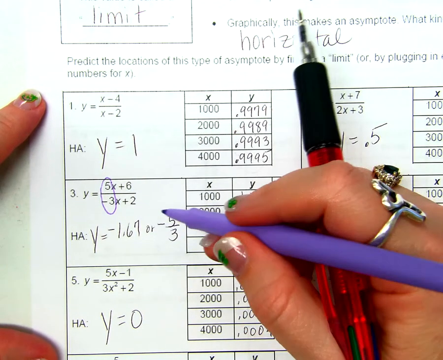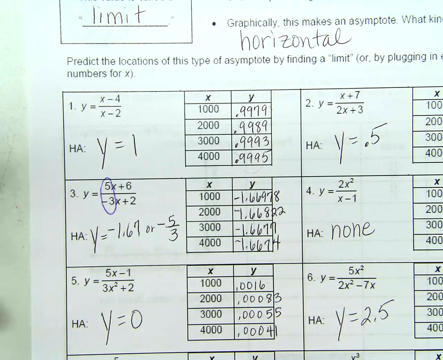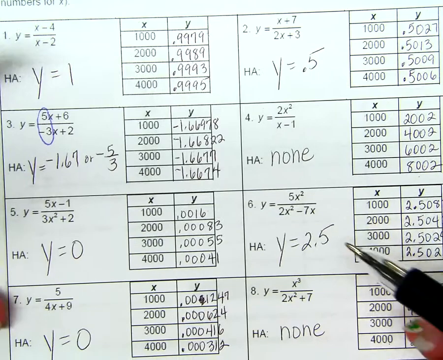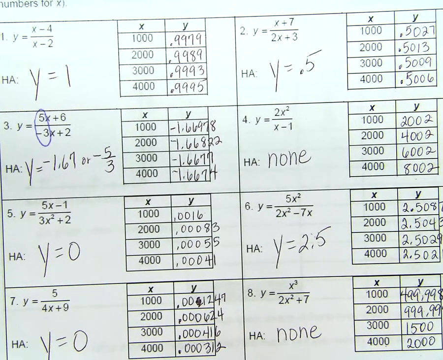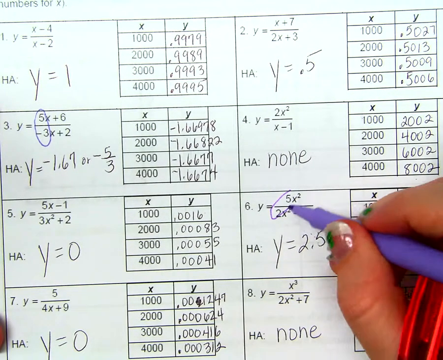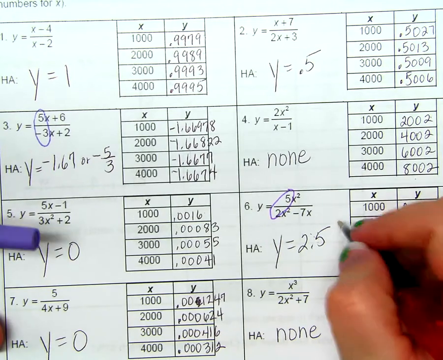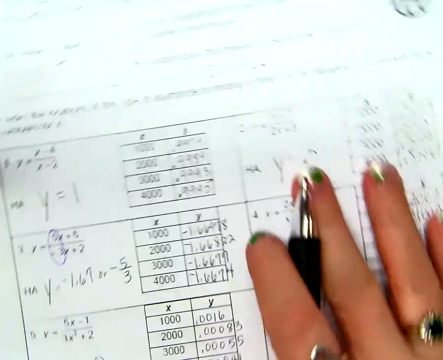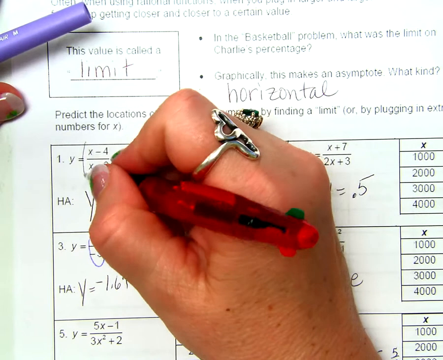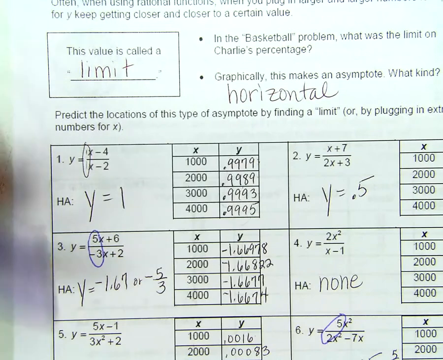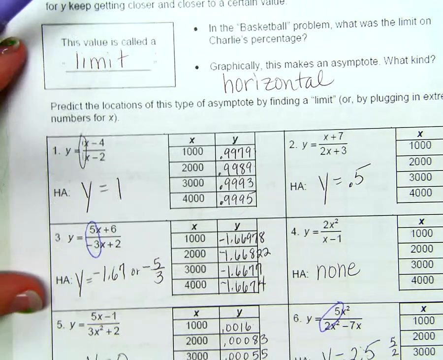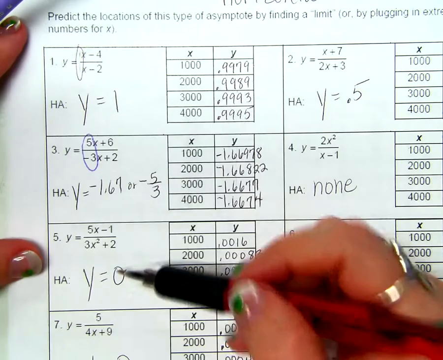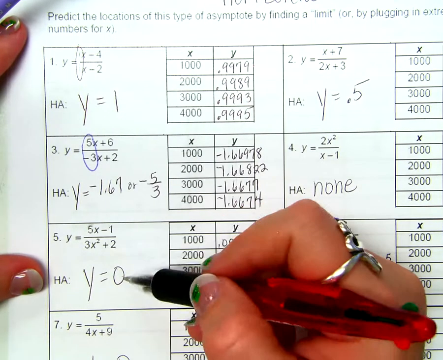See what my asymptote was? Look here at number 6. Isn't it another way to write 2.5, 5 over 2? Look at number 1. The numbers in the front, 1 over 1, that equals 1, right? But here's the problem. It doesn't work that way for every single one of them. Like this one, if I just circle that, that's not equal to 0.